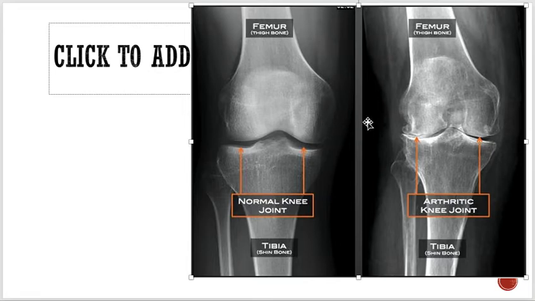But we can do other investigations to rule out other causes. These are also called the hallmark findings: joint space narrowing and subchondral sclerosis, subchondral cysts, or osteophytes. These are the hallmark changes of this condition.